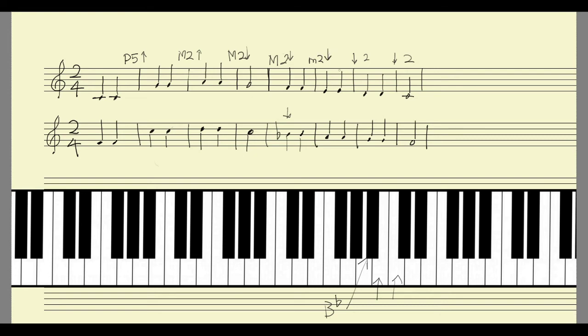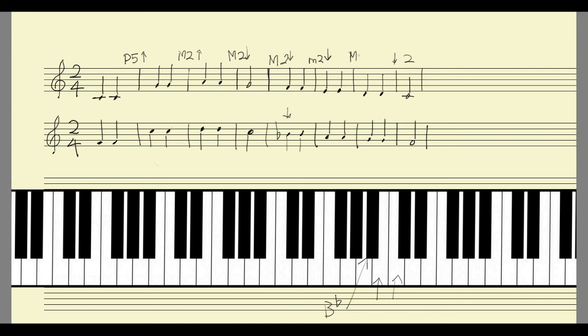Now let's go from the E to the D. E down to D is a second, but what kind of a second is that? Let's count the half steps. E 0, E flat 1, D 2. So that's a second with 2 half steps, which means that is a major second. Now I'll write that right here.